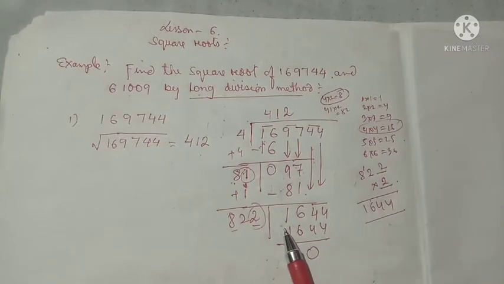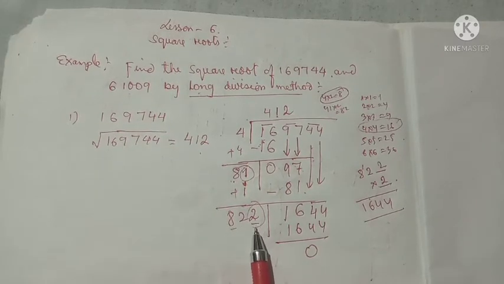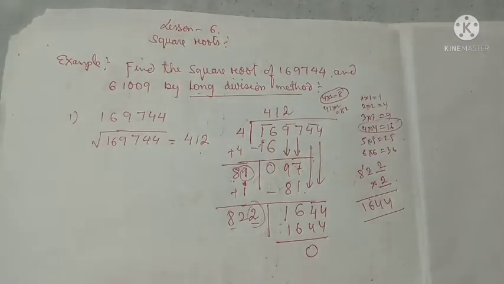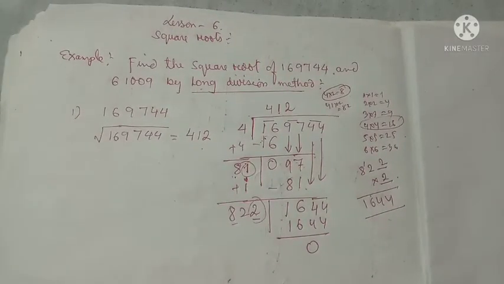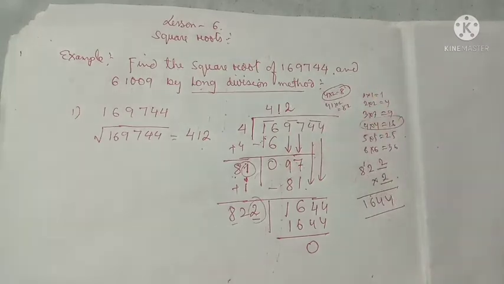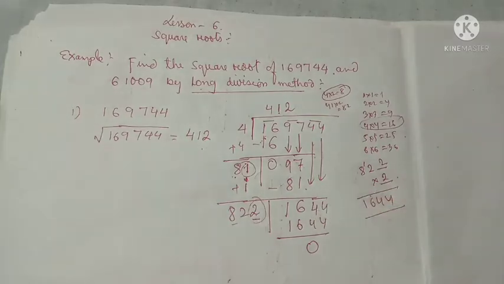Now the new dividend is 1644, and the new divisor is 82 with one missing digit. So we find the largest digit to place alongside 82 to give the new divisor and also the new digit in the quotient, such that when this digit multiplies the new divisor, you get a number equal to or less than the new dividend. So we can see such a digit is 2.